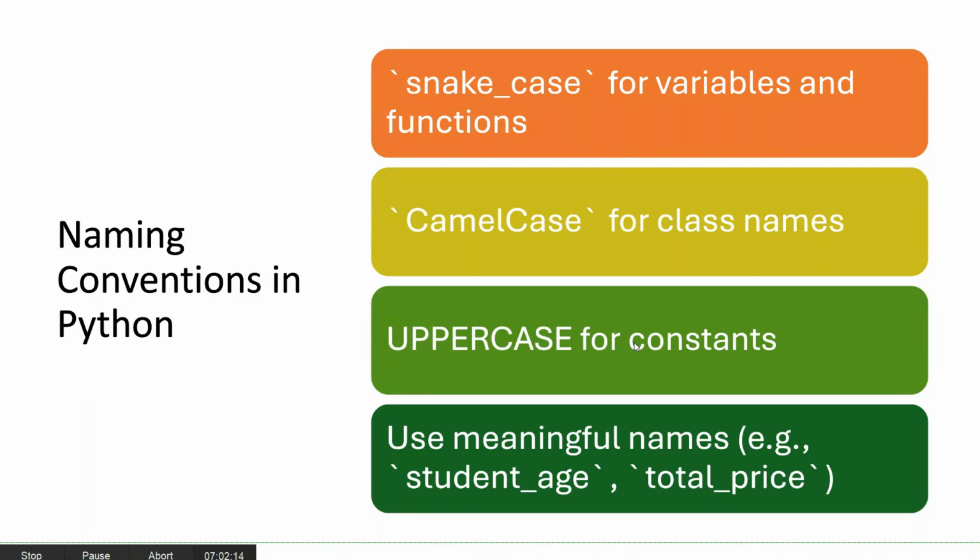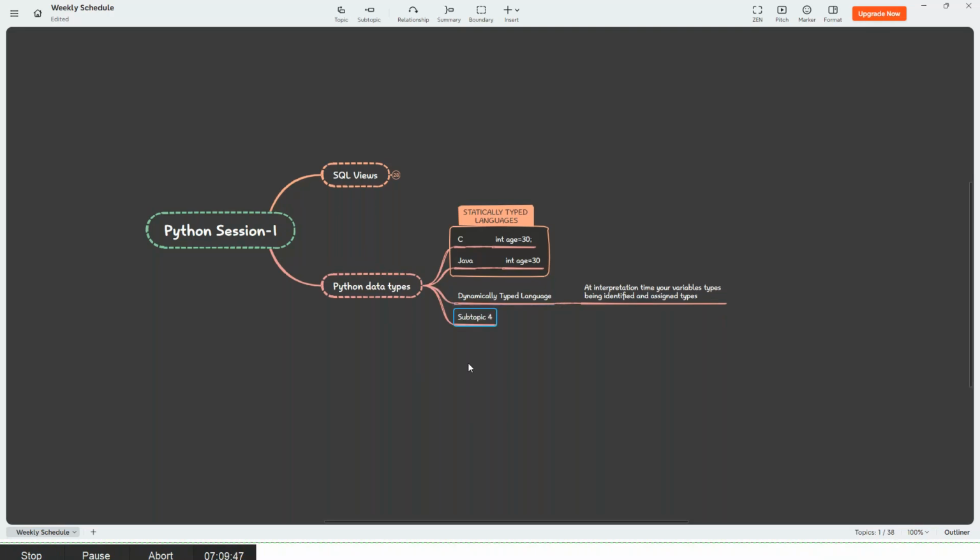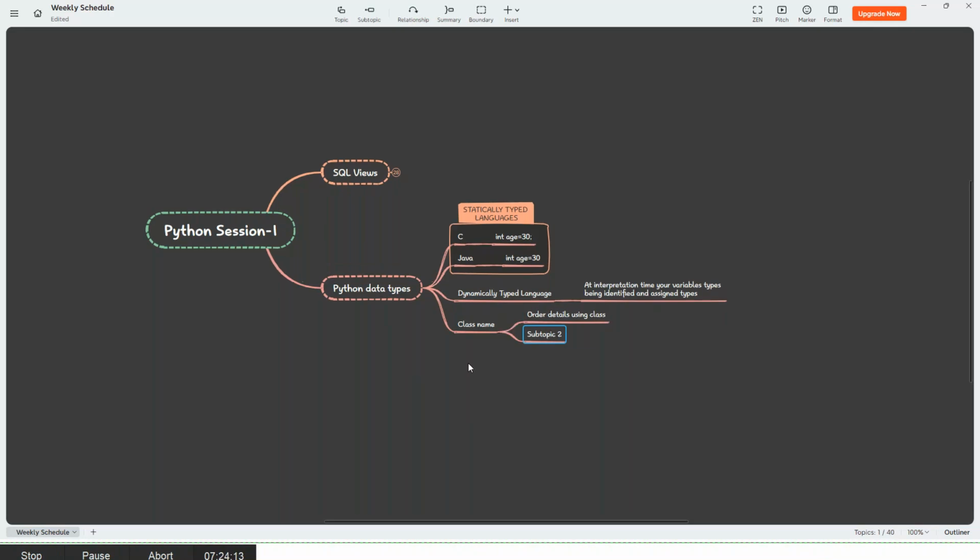And camel case for class names. Let us say we want to represent order details using a class. All these reserved words or keywords are in small case only, not in caps; if you declare them otherwise, they will be treated as variable names.